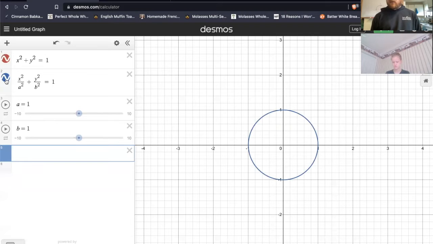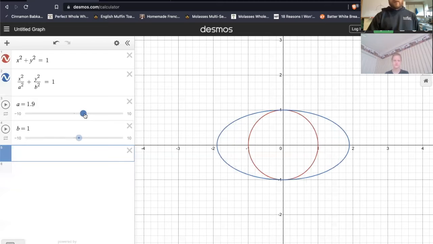So now let's see what happens when I let a get bigger. The a is associated with x, it's under the x, right? And so I'm associating it in my mind with x. The a says to take the x and divide it by something. And so when I make it bigger, I wonder what's going to happen.